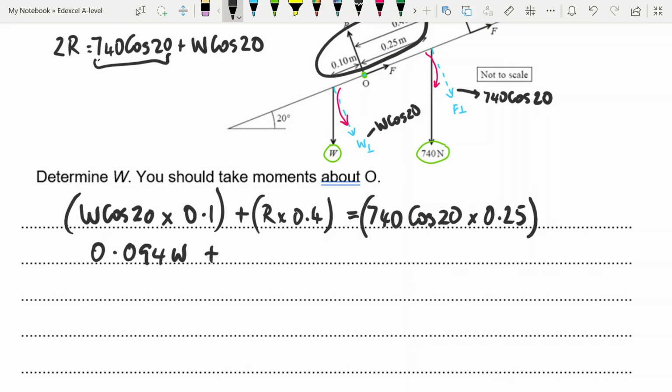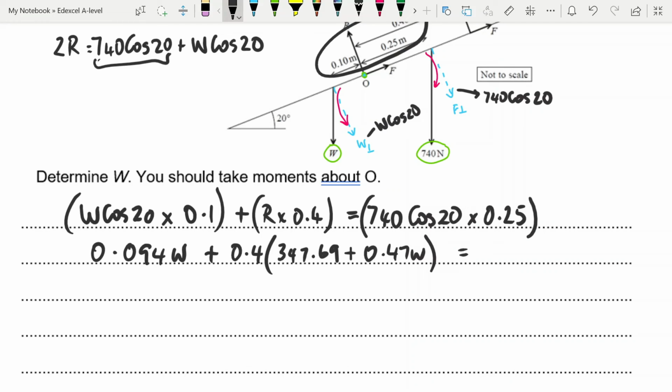We solve the 740 cos 20, multiply it by 1/2, and when we do that, and I'm going to leave the 0.4 for now, we get 347.69 plus, find out what cos 20 is, multiply that by 1/2, and we get 0.47W. Okay, that's our R cleaned up.